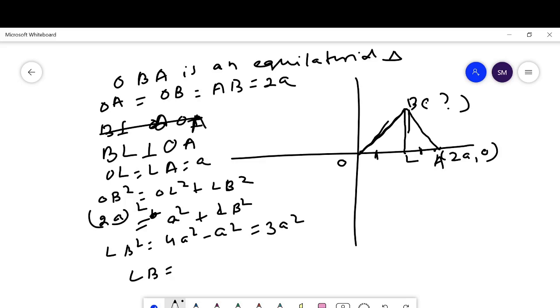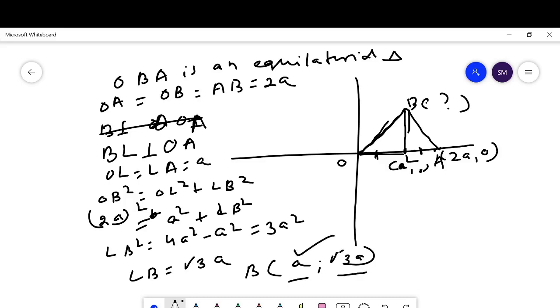Then LB is equal to root 3 a. Hence the B coordinate is (a, root 3 a), because OL is a, so the x-axis coordinate is a. Hence B has the abscissa a and ordinate root 3 a, meaning x-axis a and y-axis root 3 a.